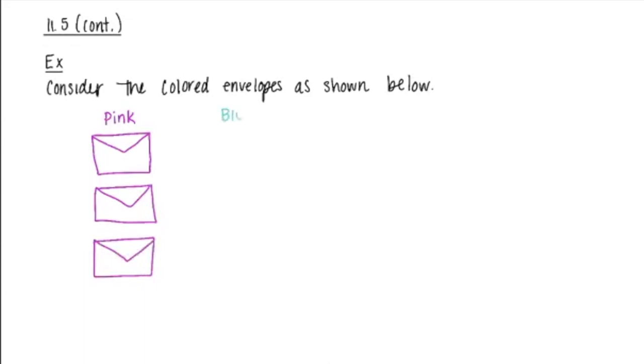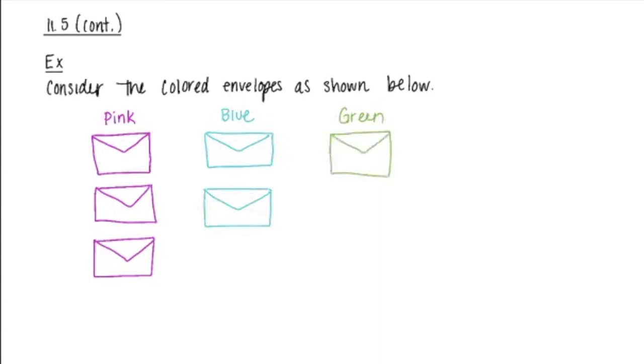Then we have blue envelopes, and we've got 2 of those. Then we've got envelopes that are green. We have 1 green envelope, and then we also have 1 purple envelope. And so in total, we have 1, 2, 3, 4, 5, 6, 7 envelopes that we can possibly choose from. So here there are 7 envelopes in total.